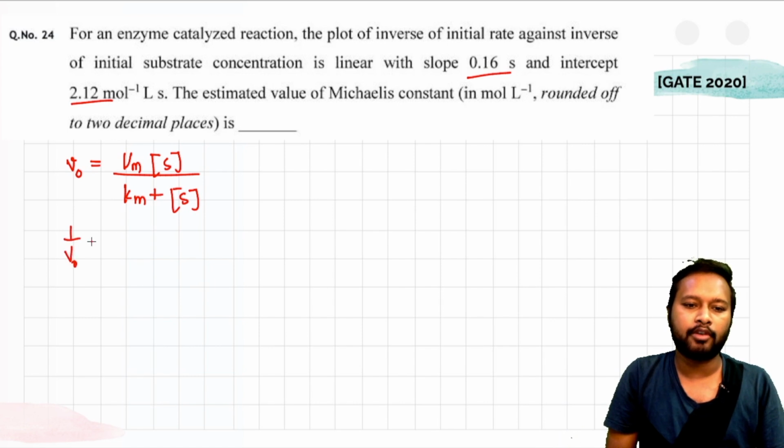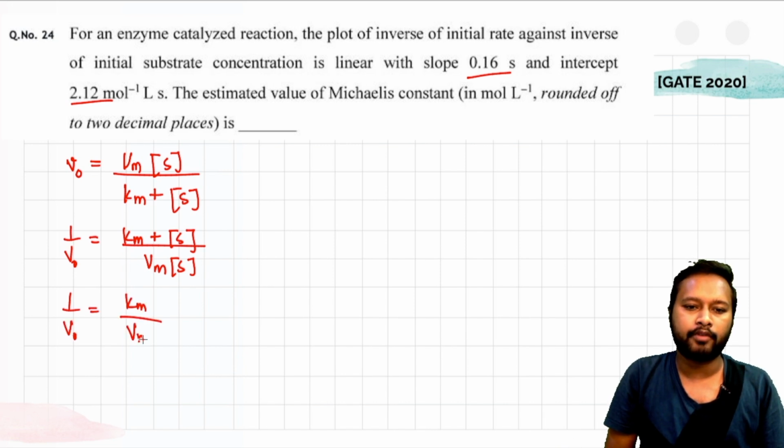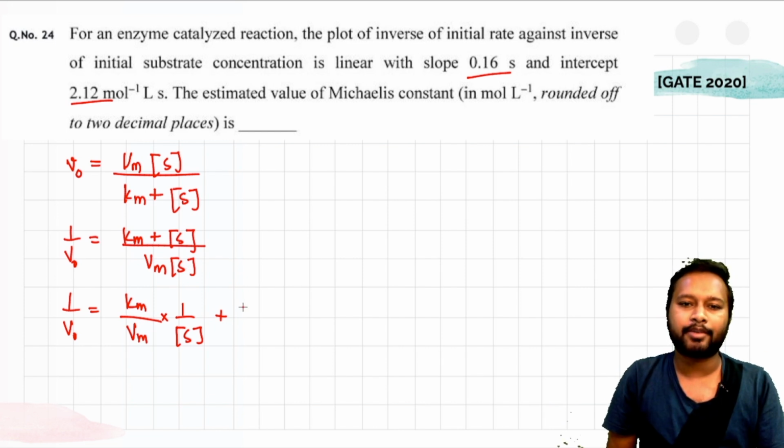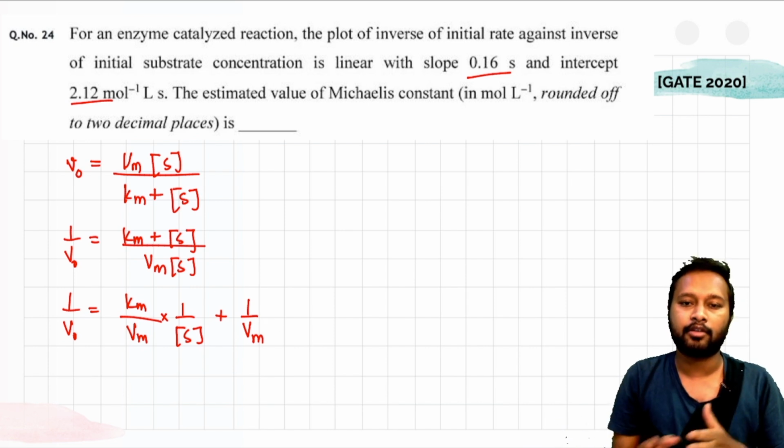So 1 upon V naught will be equal to Km plus S, and in the denominator you will have Vm and S. Now separately divide it, so you'll get 1 upon V naught is equal to Km upon Vm into 1 upon S, plus, when you separately divide this, S and S will get cancelled out, and you will get 1 upon Vm, where Vm is the maximum rate of the reaction.